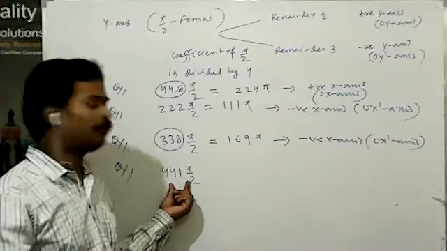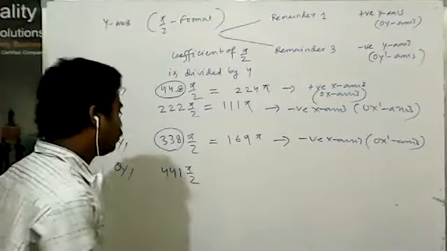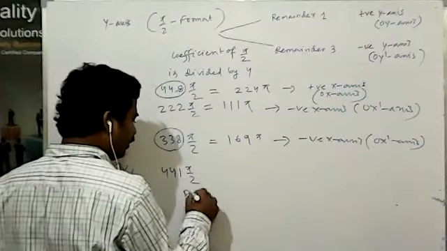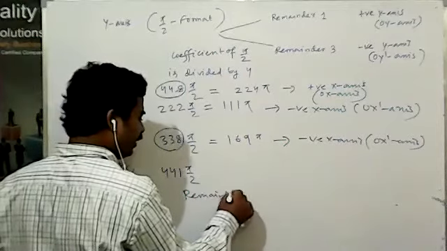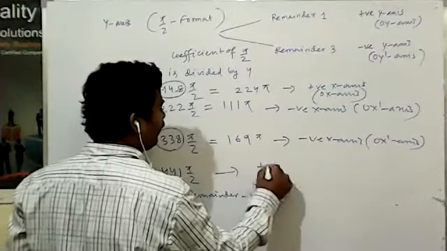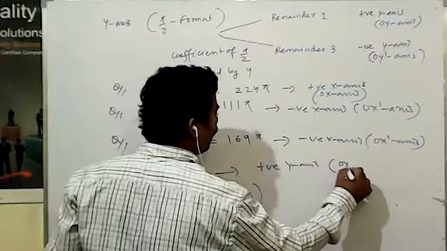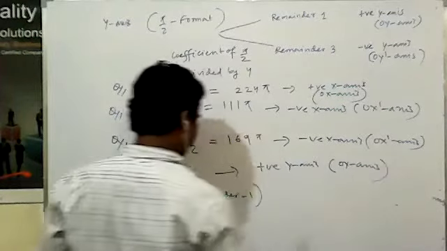If divided by 4, the remainder will come 1. That's why here the remainder is equal to 1, so it is the positive y-axis or OY axis.